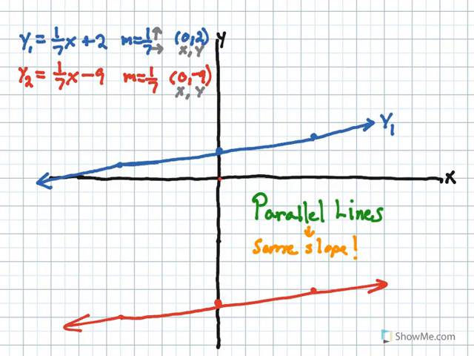So parallel lines will have no solution at all, because the lines never touch each other. There's no intercept, because the lines never cross each other. So there can never be a solution to these equations.